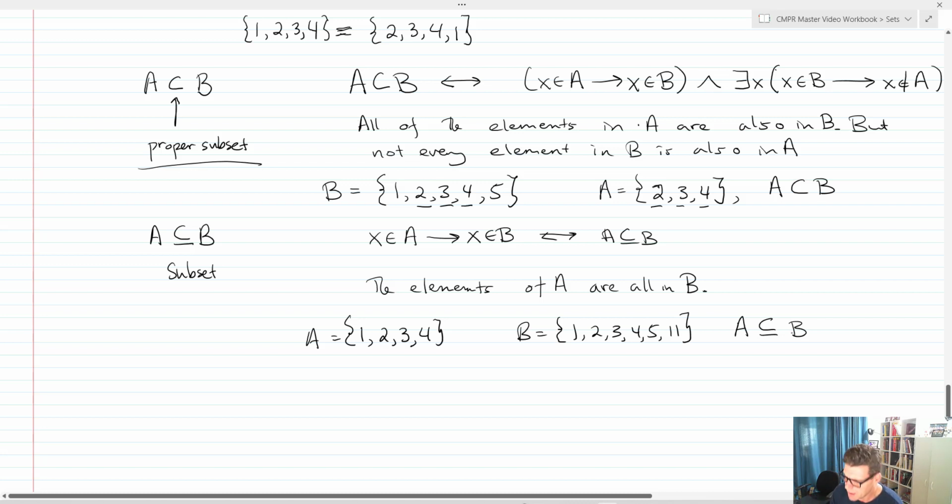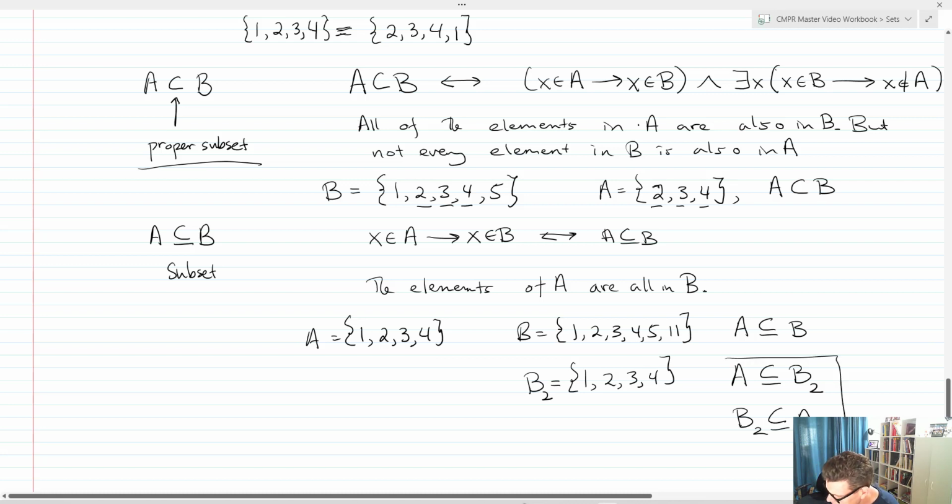That's great. Or we might have, say for example, B here in this case. We'll call this B2. And B2 is now 1, 2, 3, 4. So it is in fact equal to A. Well, it is still the case that A is a subset of B2. And it turns out that B2 is also a subset of A. And if we have this relationship right here, then we have equality.